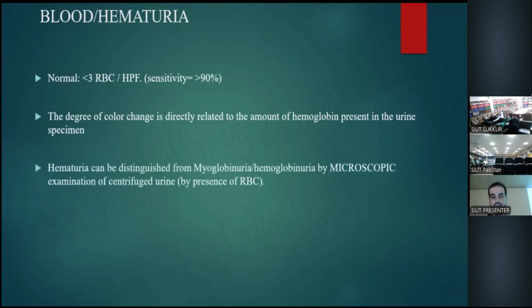Hematuria can be distinguished from myoglobinuria and hemoglobinuria by microscopic examination of centrifuged urine for the presence of RBCs. In myoglobinuria, there will be no RBCs; no cells will be present. False positives can occur in menstruation and contamination, dehydration, and vigorous exercise.